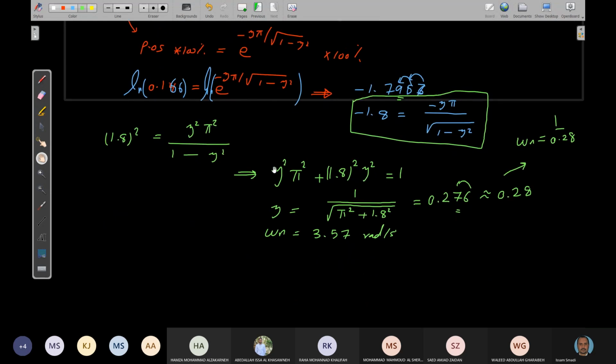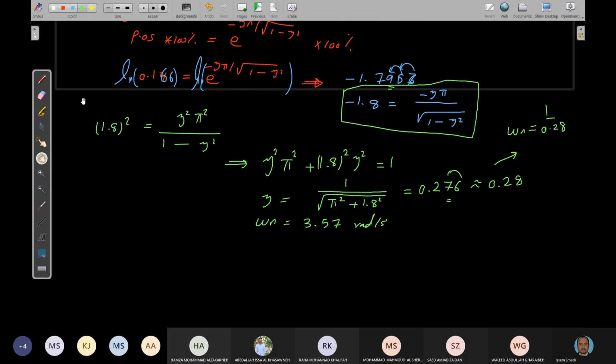Okay. So now the characteristic equation will read as S square plus 2 zeta omega n S plus omega n square. If I plug in, this will read as S square plus 2S, because sigma was 1, plus omega n square.